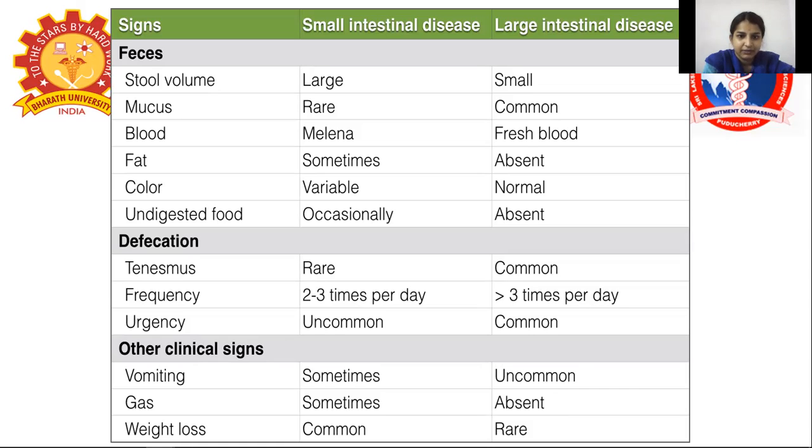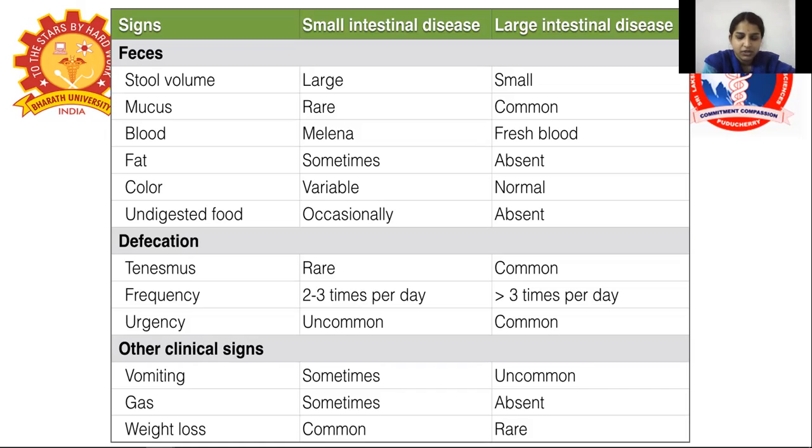Fat, which is mainly absorbed in the small intestine, is sometimes present in stools if the pathology is in the small intestine, and fat is absent in large intestinal diarrhea.